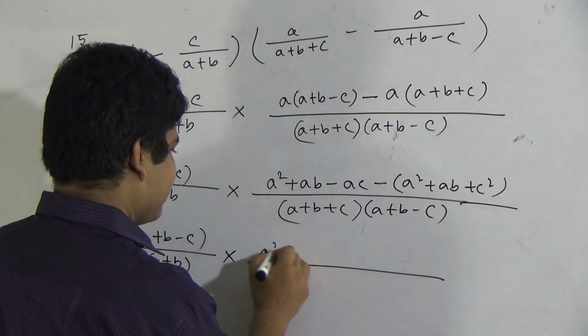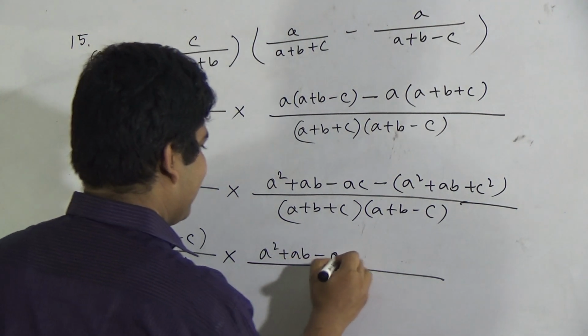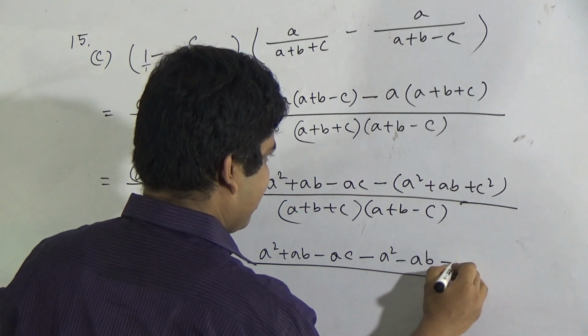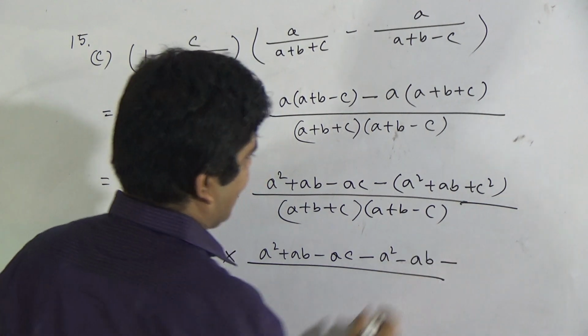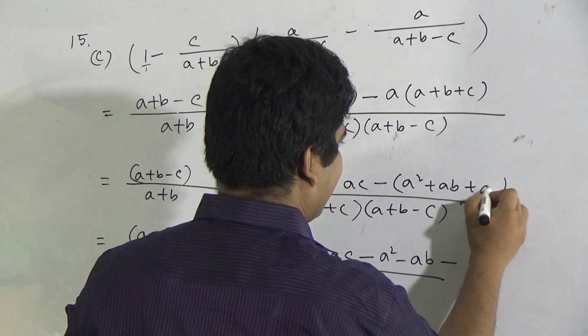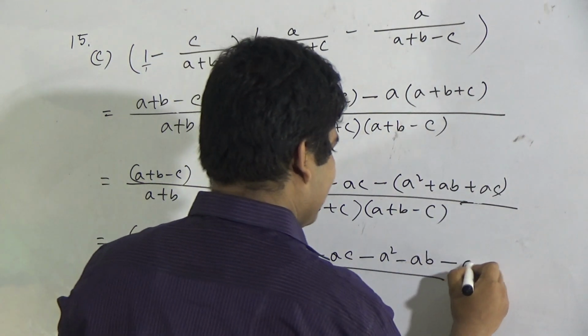After that, A square plus AB minus AC minus A square minus AB minus, if we multiply A with C, then not C square, it will be AC, then minus AC.